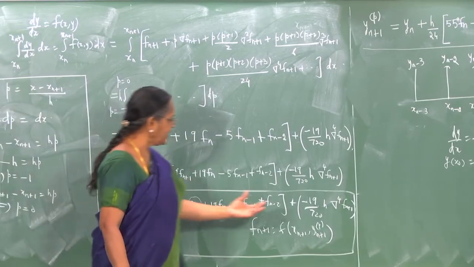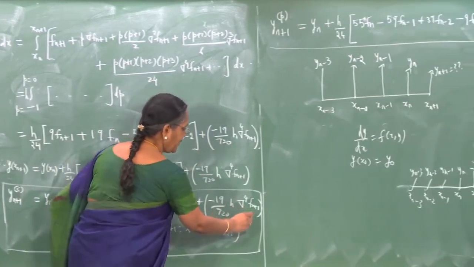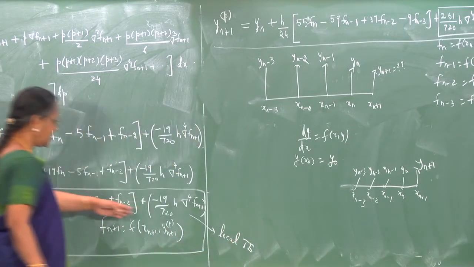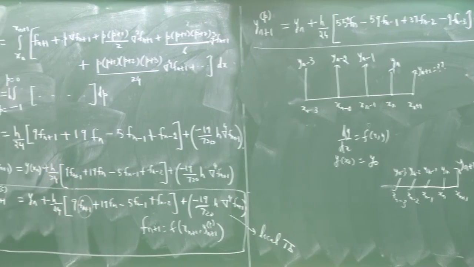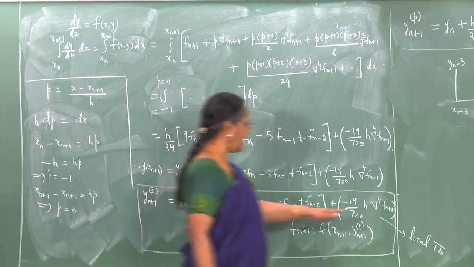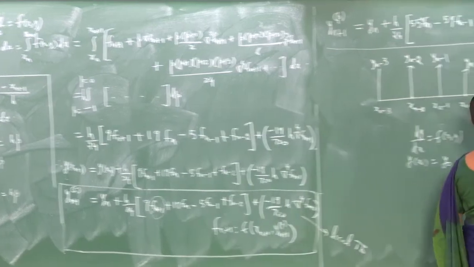Again I observe that the last term gives me the local truncation error in this multi-step method. Another observation, just look at the local truncation errors in both the methods.